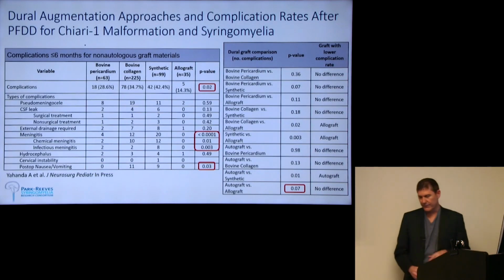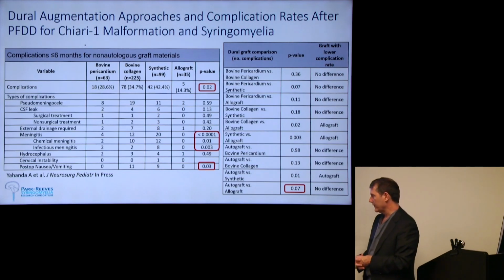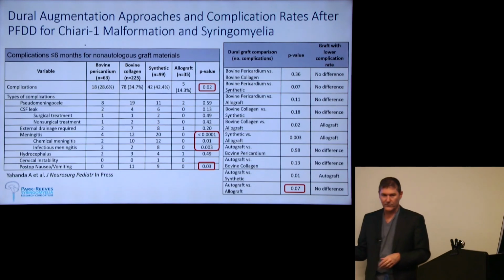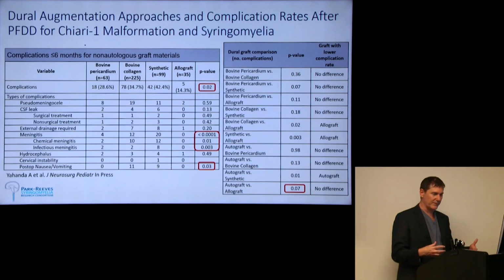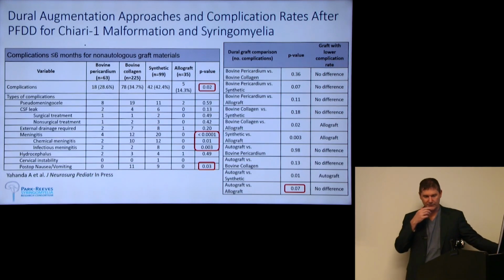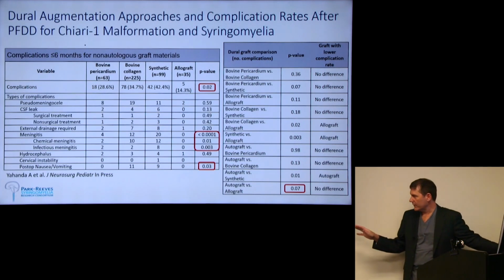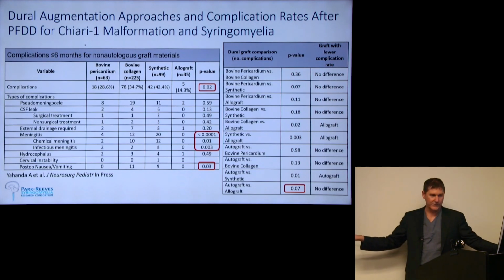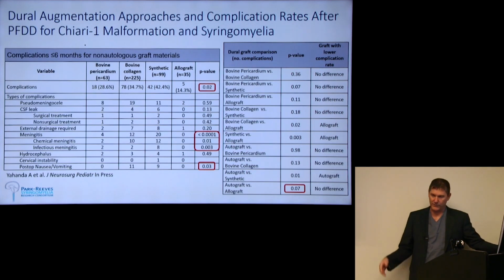Such that those patients who were treated with autograft tended to do the best in terms of minimizing complications in comparison to those that had synthetic grafts or other types of graft materials. The one exception was this alloderm graft material, which performed nearly, at least statistically, as well as the autograft. But other than that, many of these other materials actually resulted in a higher rate of complications.